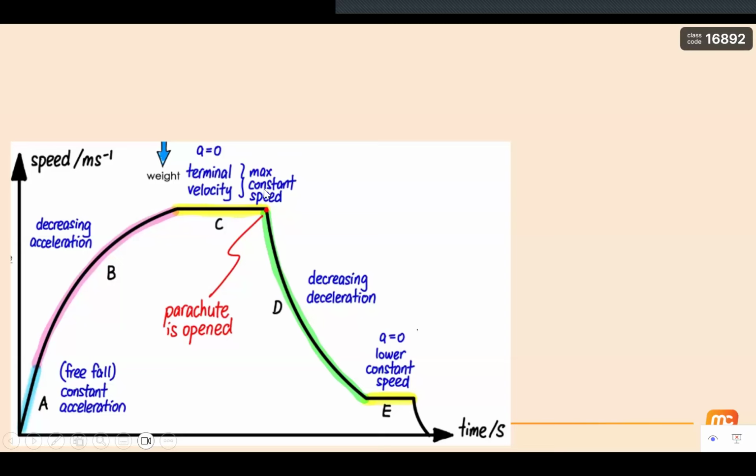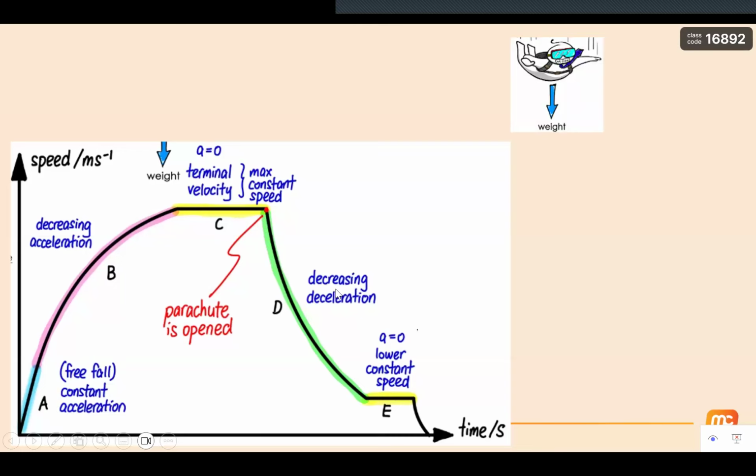And usually we are not asked to explain the entire graph, but mostly from A to B to C. You need to know that at point C, where the speed drops a lot, is when the parachute is open. So usually A, B, C, D. Okay, let's move on.